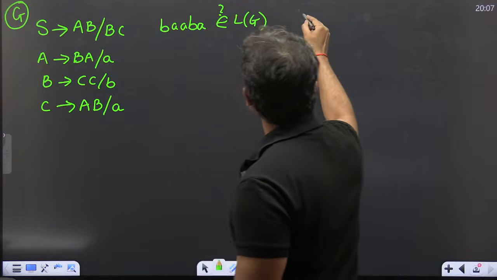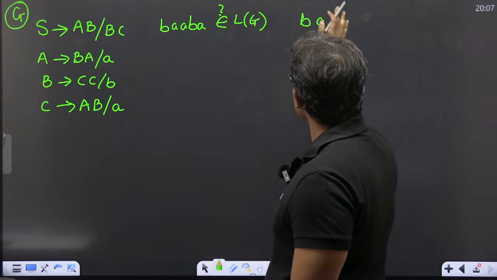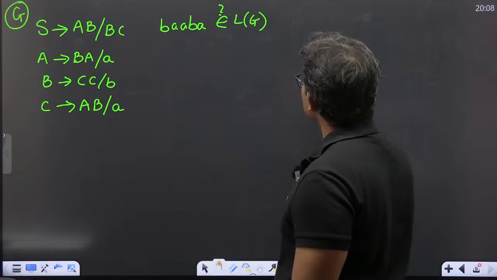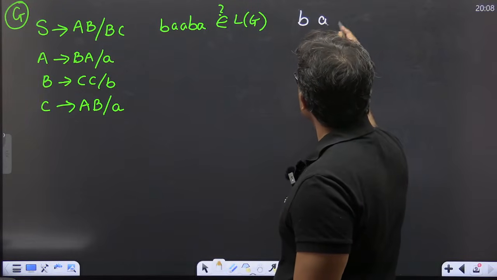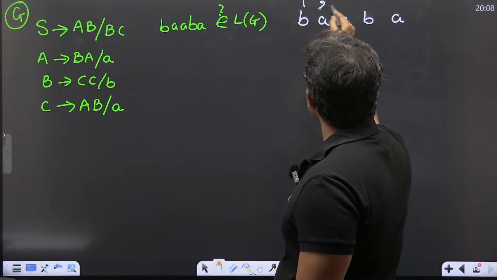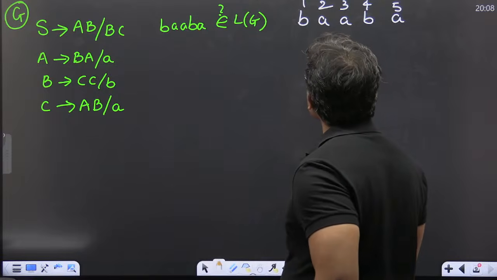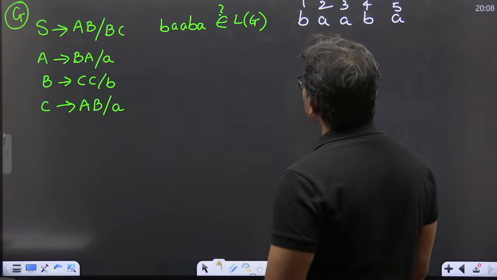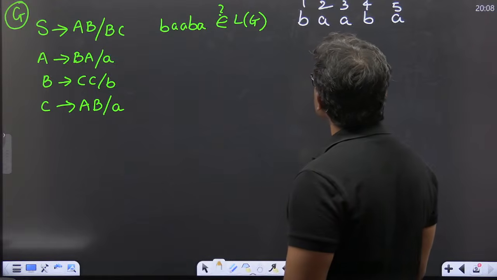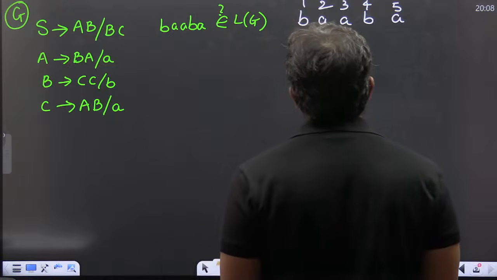So you write the numbers here, okay? B, A, B, A. 1, 2, 3, 4, 5.